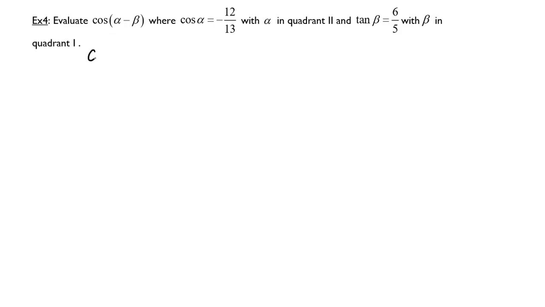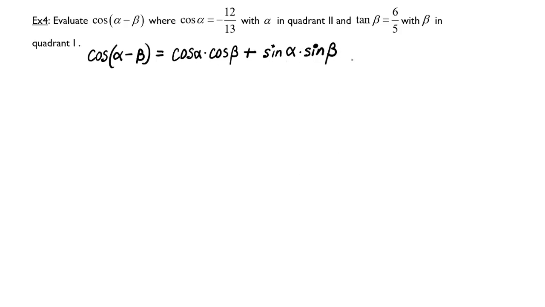I know that there is an identity for cosine of alpha minus beta, which is, remember, cosine doesn't play well with others, so it's cosine alpha cosine beta, and since the sign is a minus, we'll call it a plus here, and then sine alpha times sine beta.